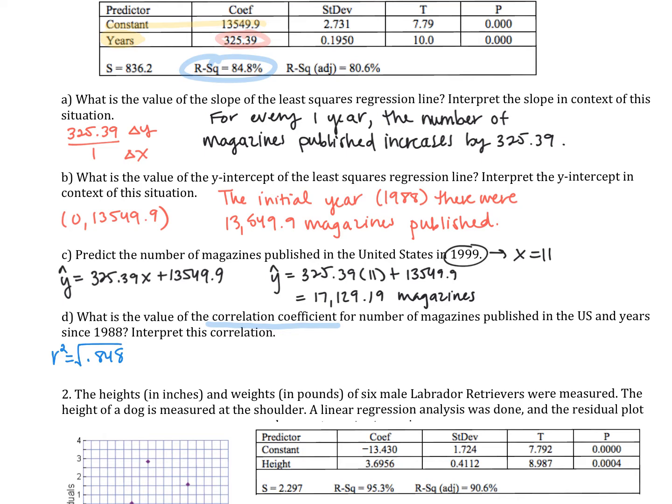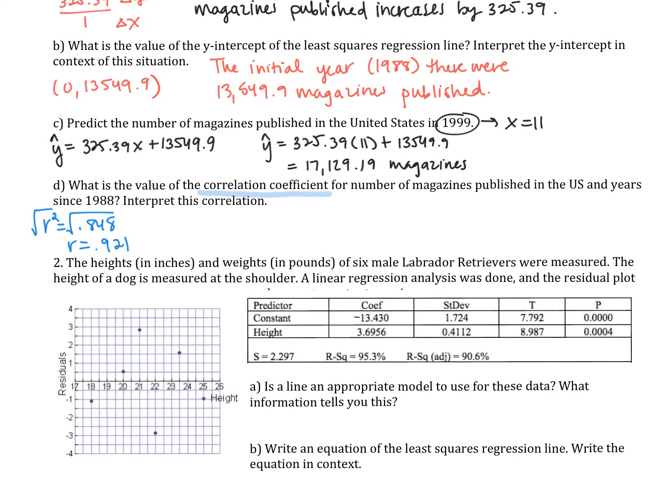So let's take the square root of both, and r is equal to 0.921. So that would indicate that there is a strong, and now, before you say positive or negative, when you take the square root, it will always be positive. You need to check the slope. Make sure the r value matches that of the slope. Okay, the slope is positive, so I'm going to keep r positive.